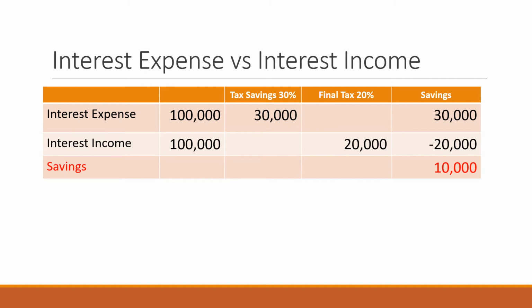If you will notice, the interest expense, since allowable siya as deduction, will have a tax savings of 30% or 30,000. And yung interest income, since ang interest income ay subject sa final tax, ay meron siyang tax na 20,000, which is 20% of 100,000. And if you will notice, because of the scheme, ay yung taxpayer ay nagkaroon ng savings na 10,000.